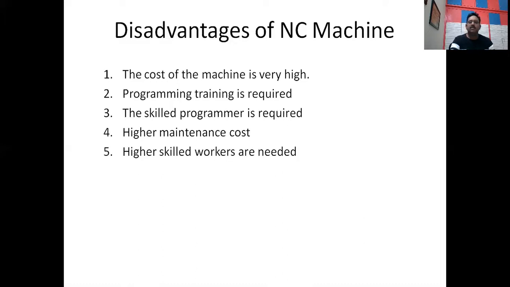And highly skilled workers are needed, because they should have not only the knowledge of the actual machining process, but also of the machine control unit, tape programming, program language, and all these things. So these are the disadvantages.